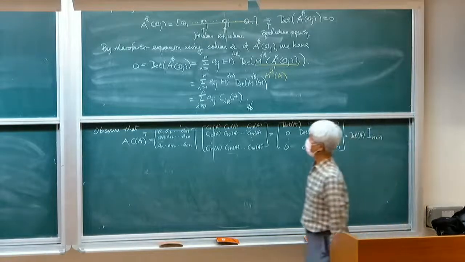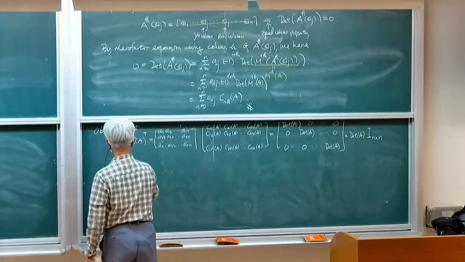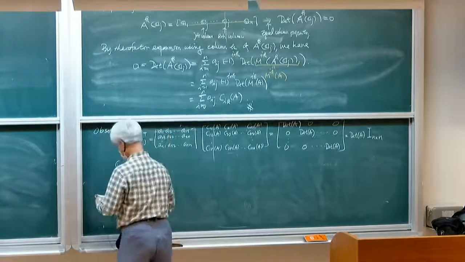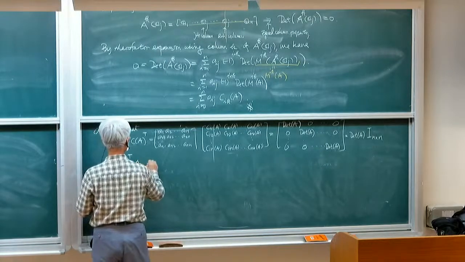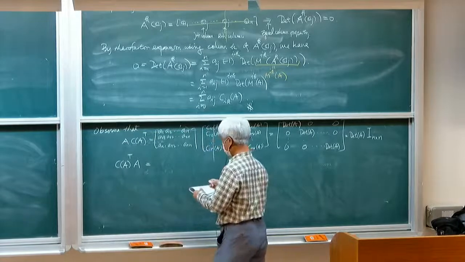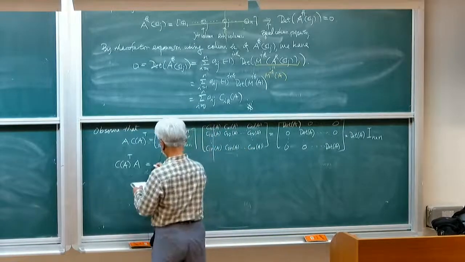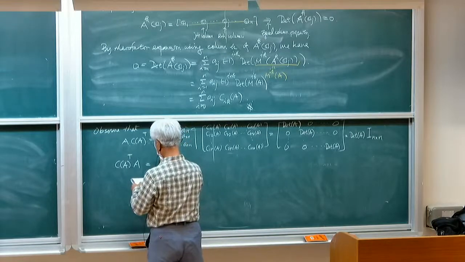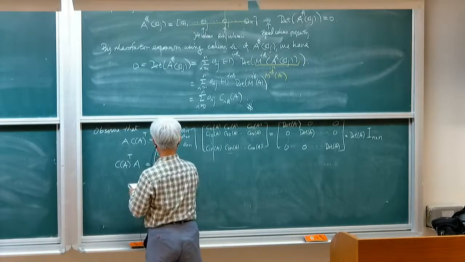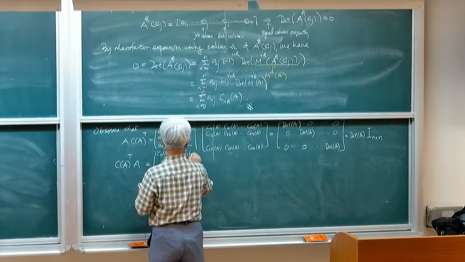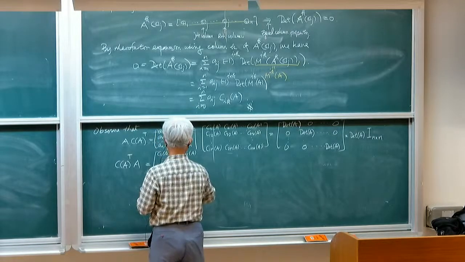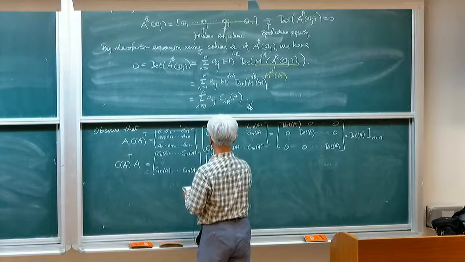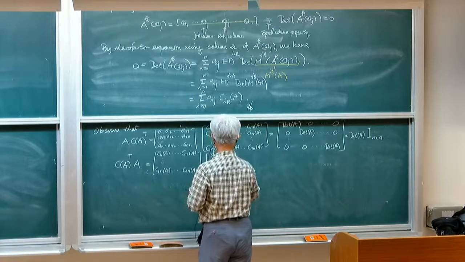And similarly, when you take the transpose of the cofactor matrix and multiply A with it, this is C11A, Cn1A, C1nA, CnnA, and here is A11, A1n, An1, Ann.